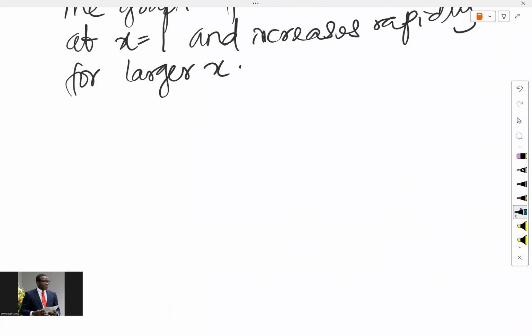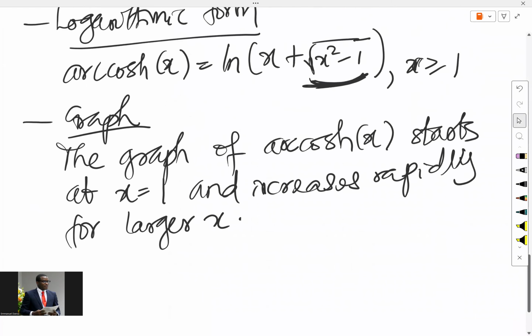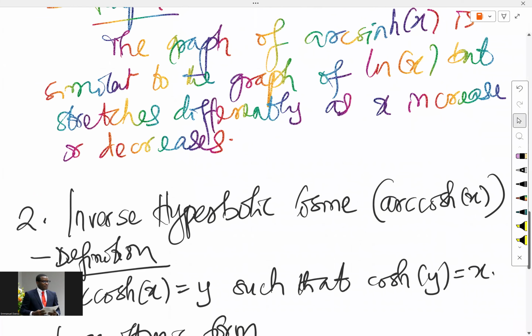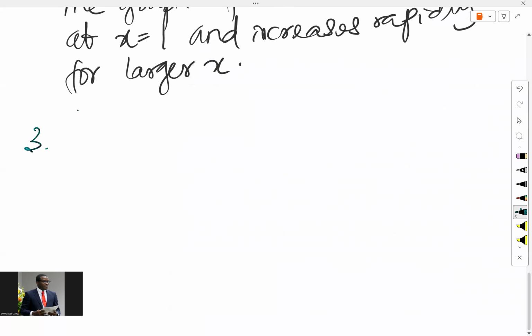So this is, I believe, number 3. Number 3 now is inverse hyperbolic tangent.